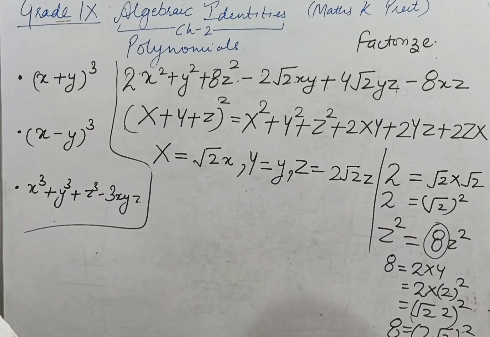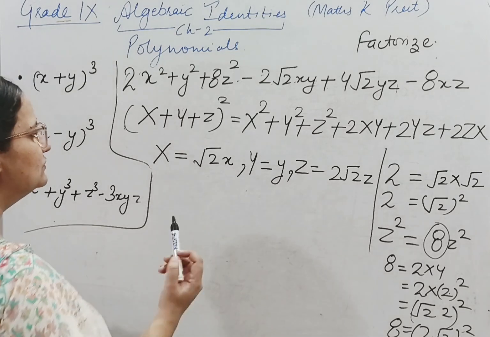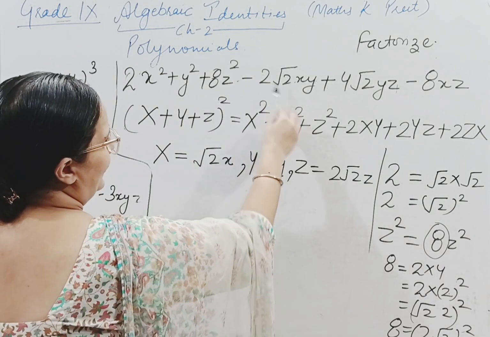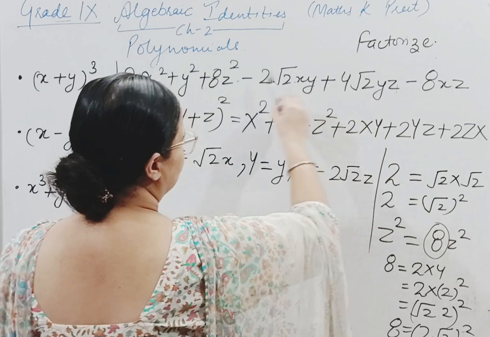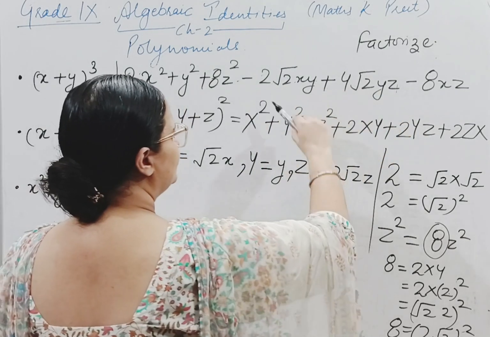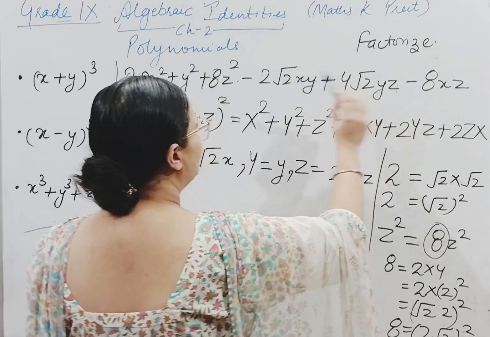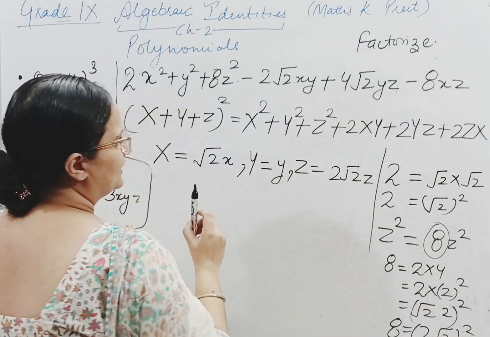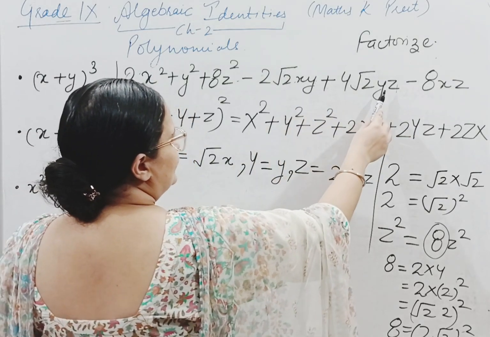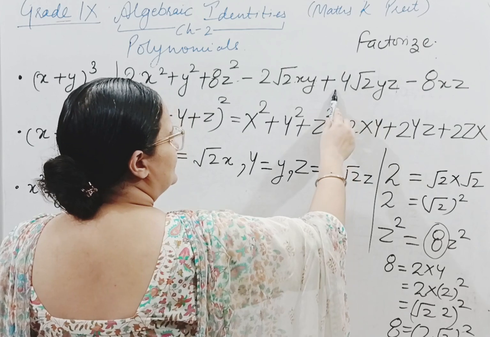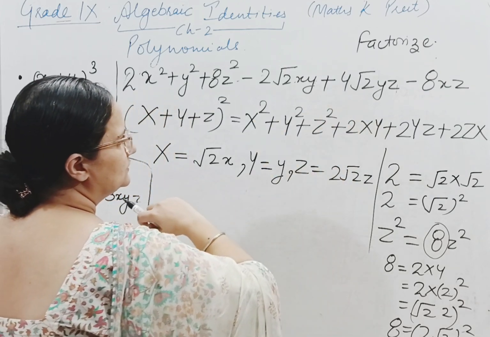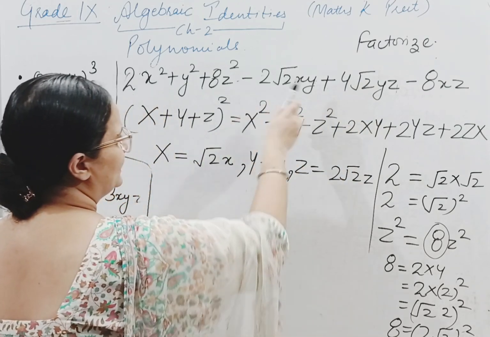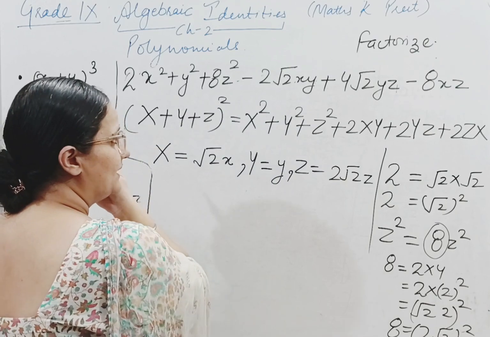Now let's see what we have in the actual polynomial. From the last 3 terms, in this term and in this term we have minus, and in this term we have plus in front. So we can easily say that y and z are involved in this term, so we have plus here, and where y and x are involved, we have minus.